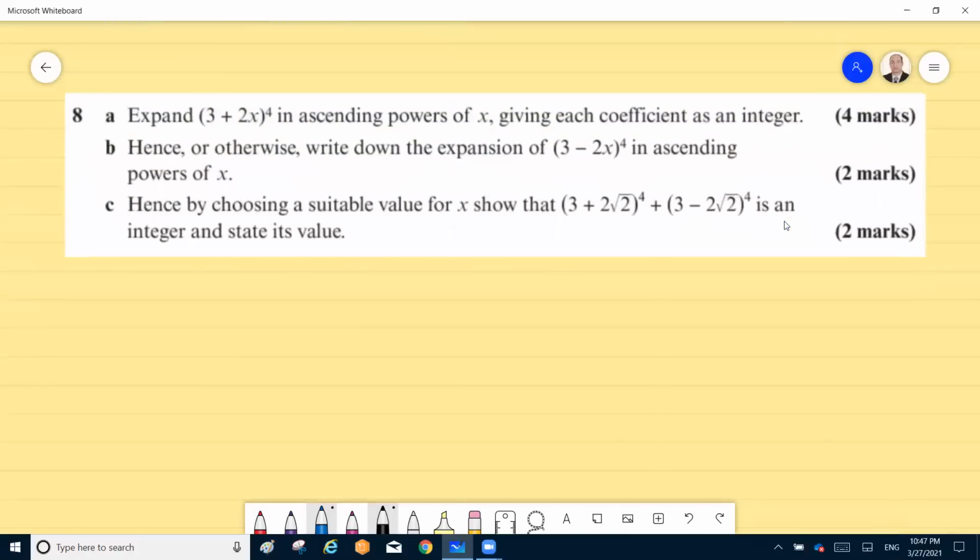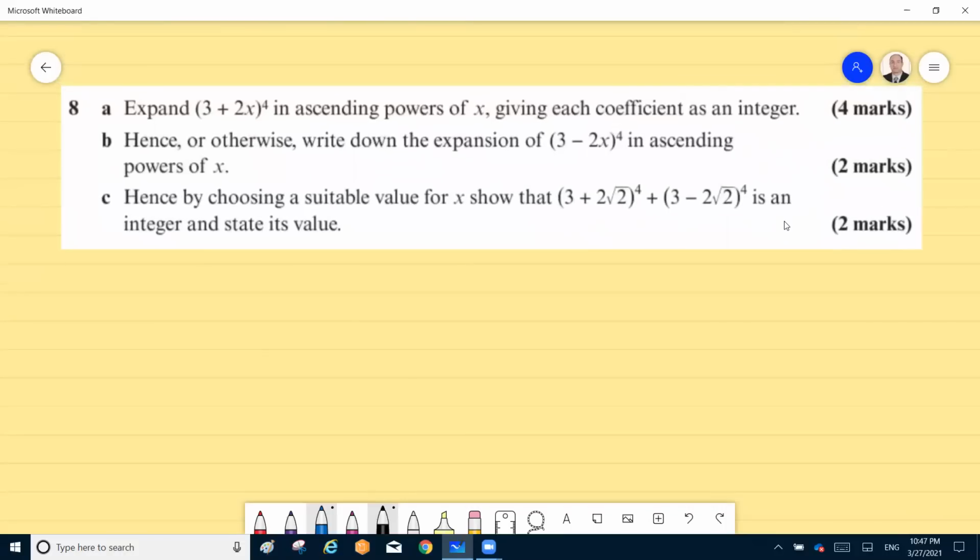Number 8. Look at this one and follow me. Expand the 3 plus 2x to the power 4 in ascending power of x, giving each coefficient as an integer. You will solve as normal.